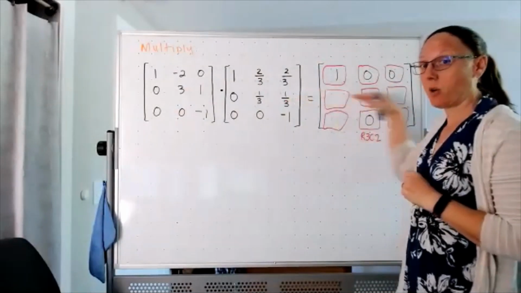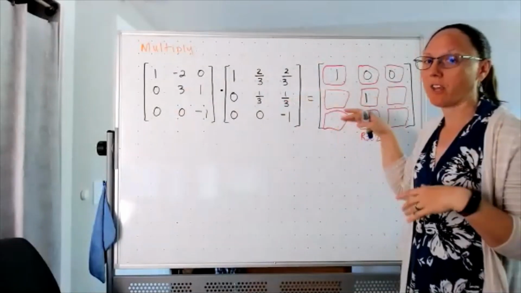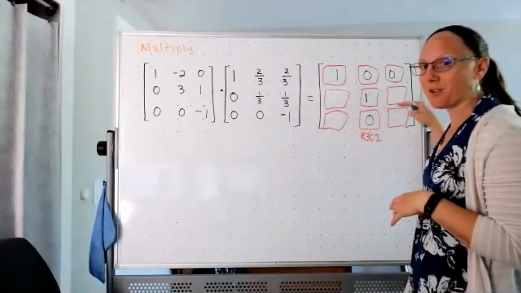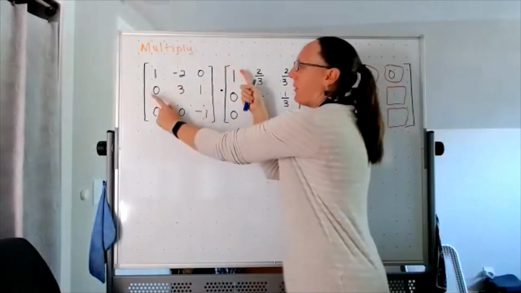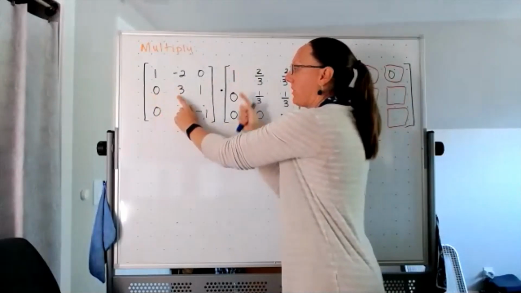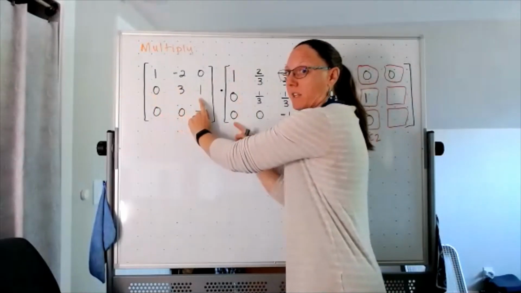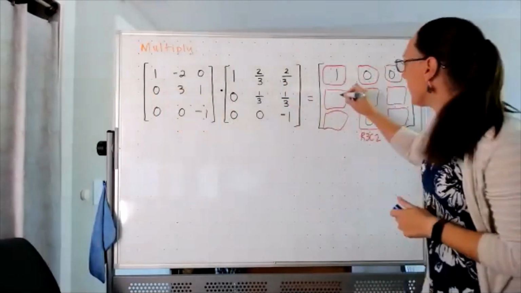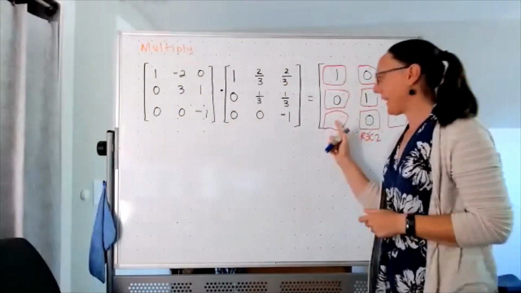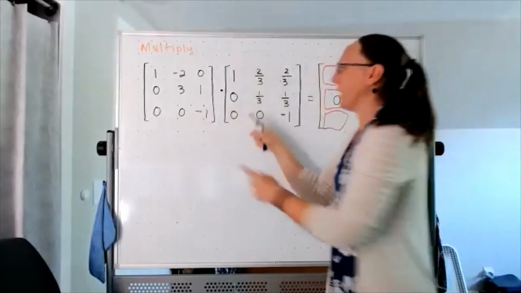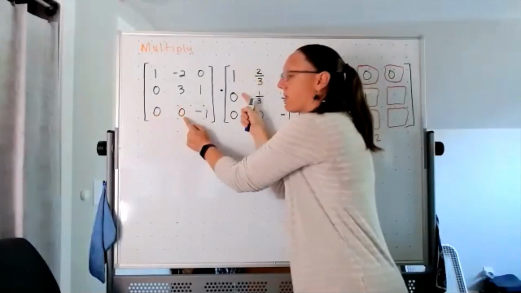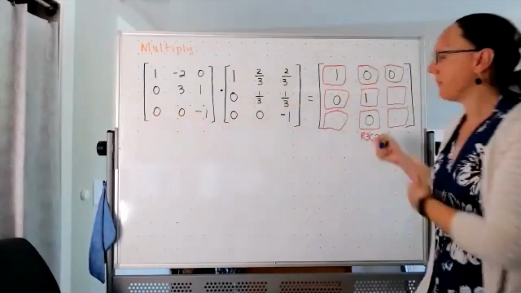I know I'm doing these kind of arbitrarily, but this is row 2, column 1. So I need row 2, column 1. I've got 1 times 0, that's 0. 3 times 0, also 0. 1 times 0, real boring. Lots of 0. Here, I'm in row 3, column 1. 1 times 0. 0 times 0, -1 times 0.